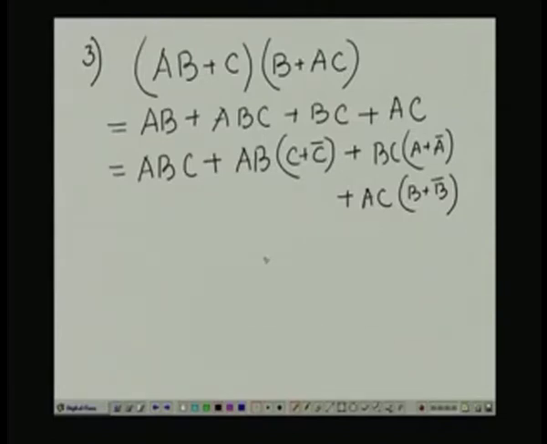So I introduced c in such a way that c plus c bar is 1. Similarly, a plus a bar is 1, b plus b bar is 1. So when a was not there, I took b c into a plus a bar, similarly a c into b plus b bar. That I have introduced.